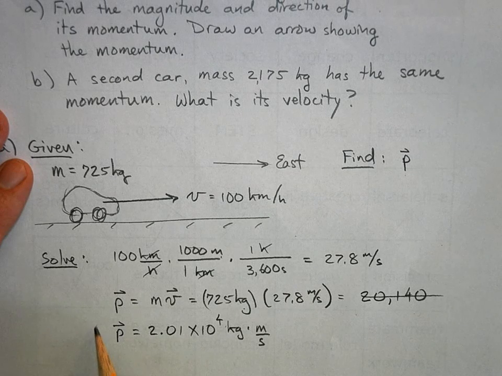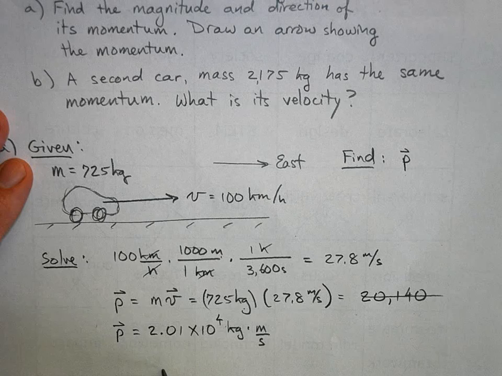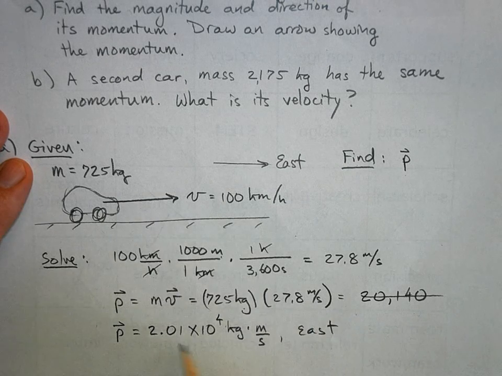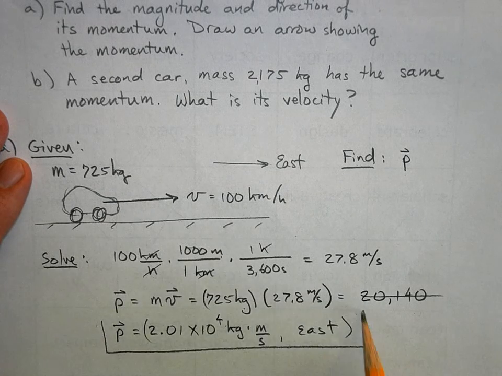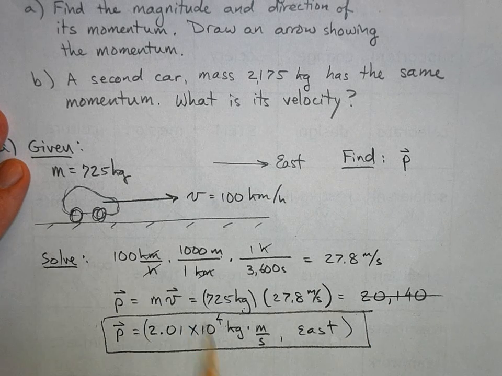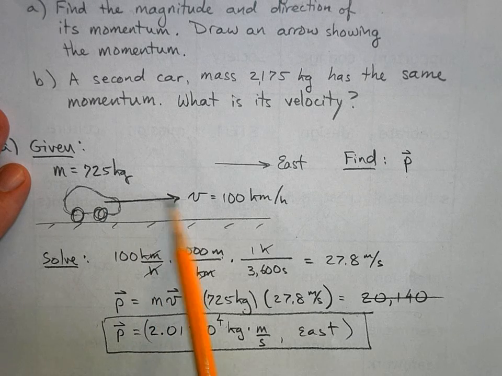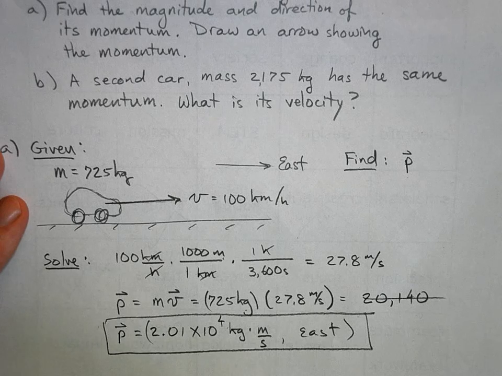And there's my answer. Now, it wants us to draw an arrow, so it's just to the east. Here's the magnitude, here's the direction. Now, I drew the velocity vector like this. You multiply it by the mass, and you would get a longer arrow.